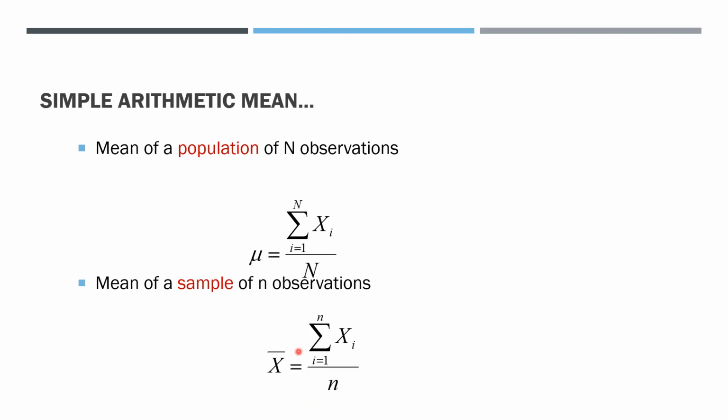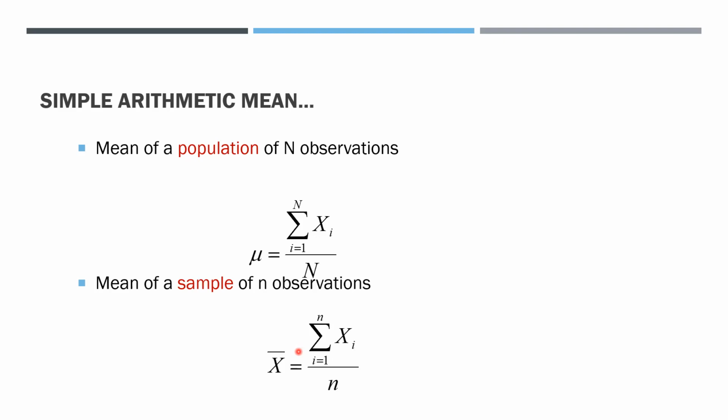Then again, you do the same thing. You have to add all the values and divide by the total number of observations in your sample. Then you can calculate the simple arithmetic mean. Right? So this is what we call the simple arithmetic mean. So there are other means.